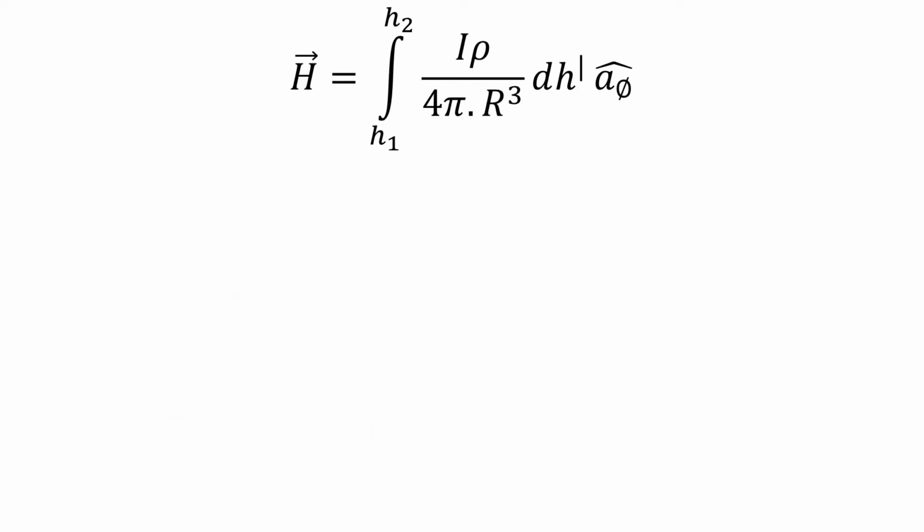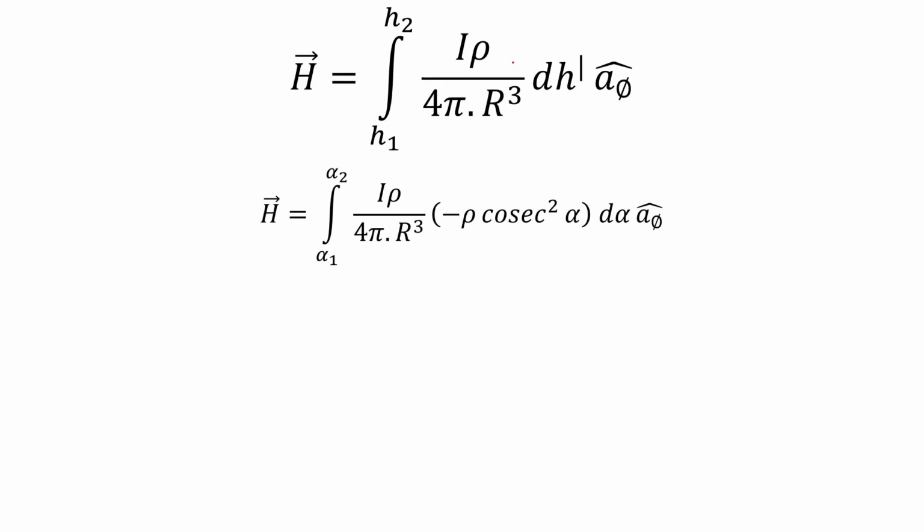So this is the expression we have, and now I am trying to represent them only in terms of rho and alpha. Again, I am left with this r cube.